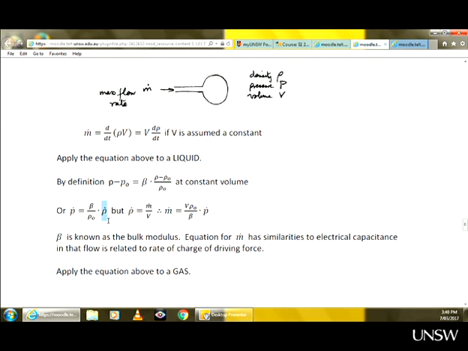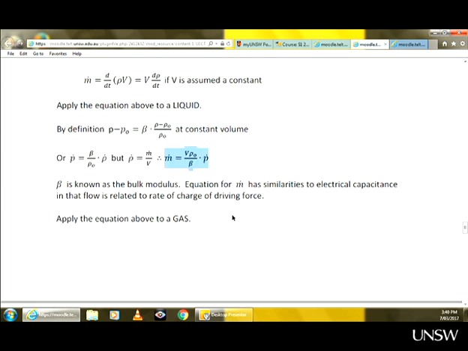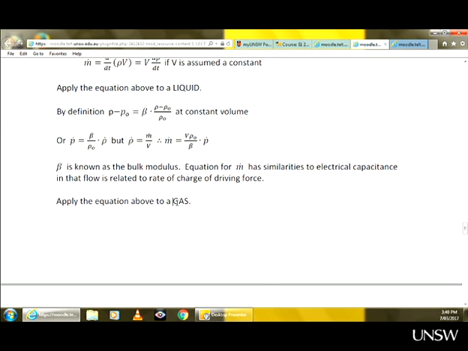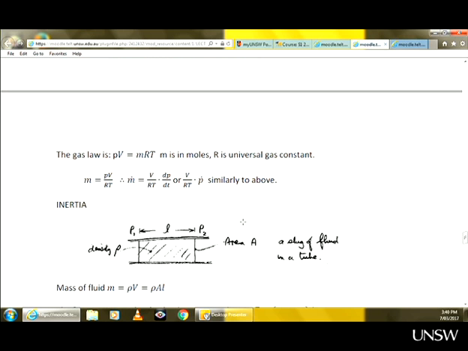Remember that rho dot equals m dot over V. So now we can relate m dot as our input and P dot, the rate of change of pressure, as the output.